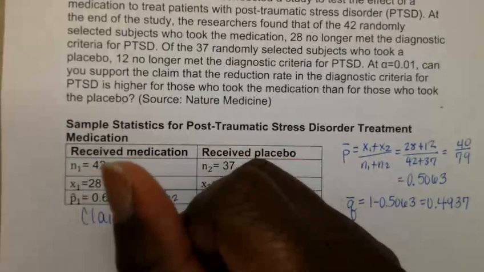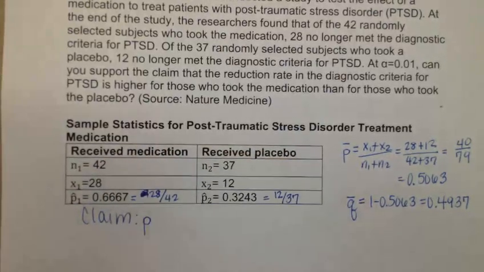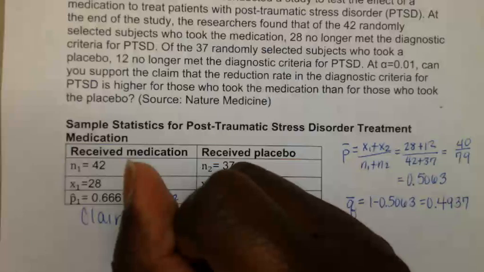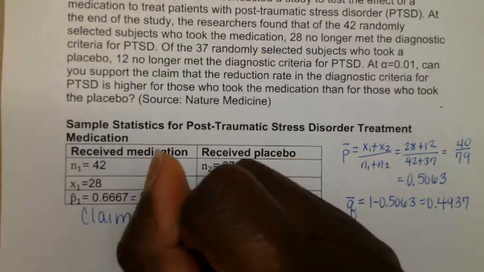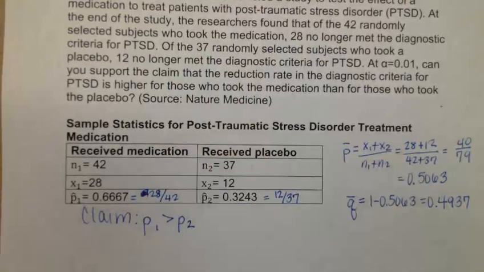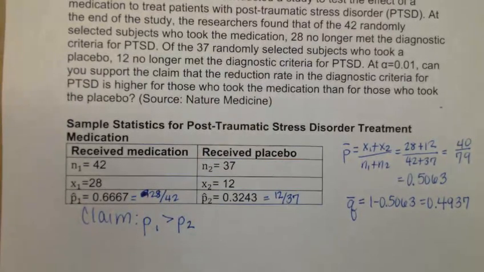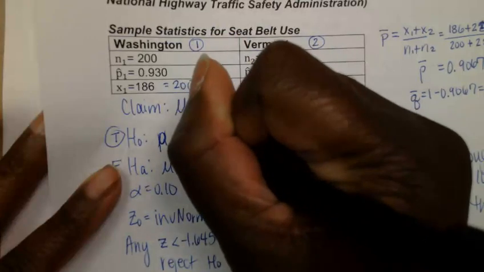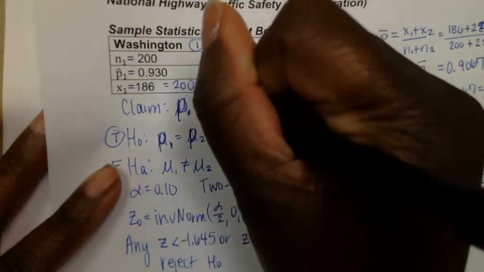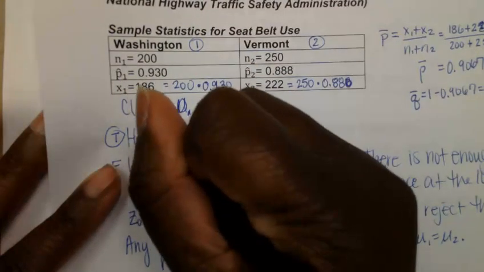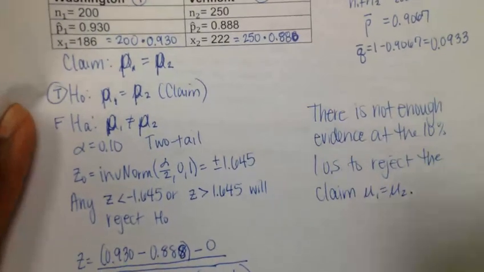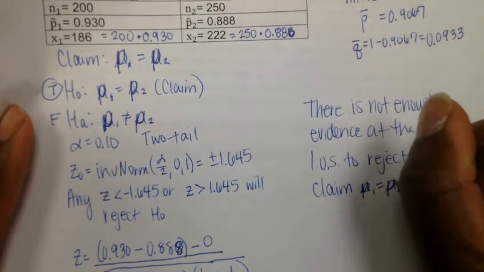I think I used the mean last problem. It's supposed to be P. I just thought about that, y'all. I'm so sorry. I was looking at the problem. So P1 greater than P2. Let me fix that right now. It's one of those days, y'all. I normally write my notes out because I need to go back to doing that. Those are P's.